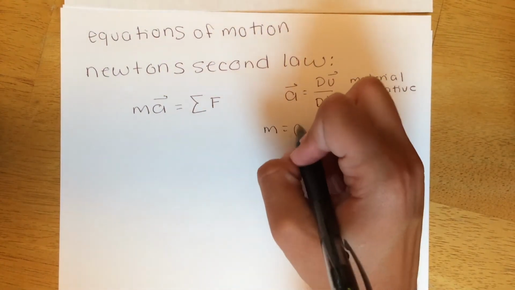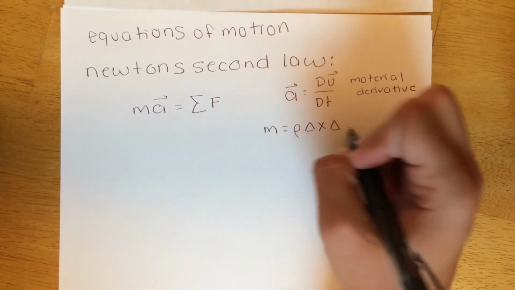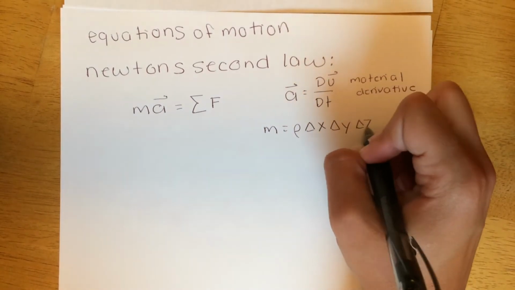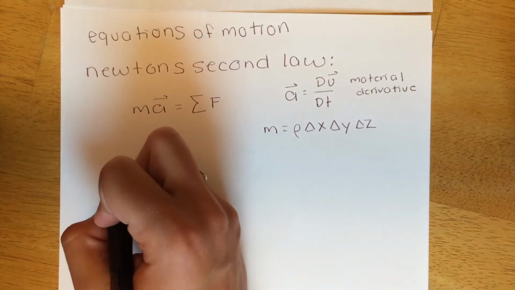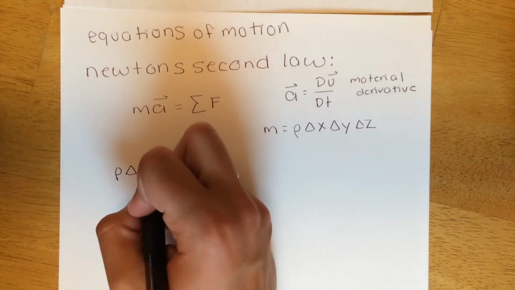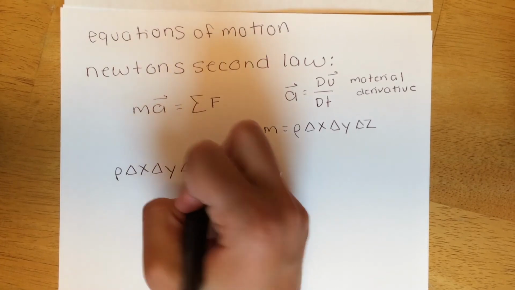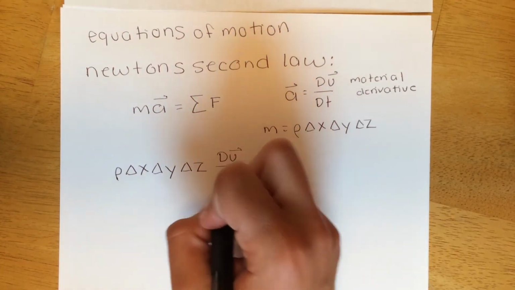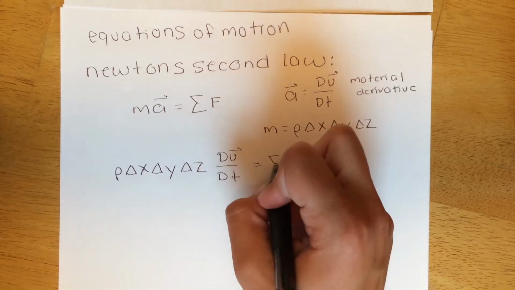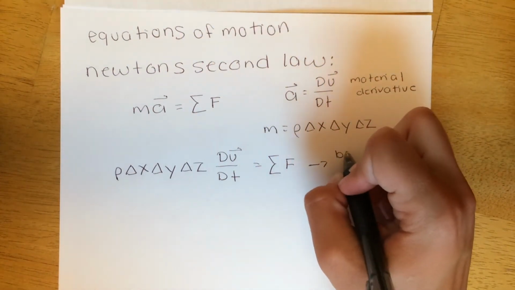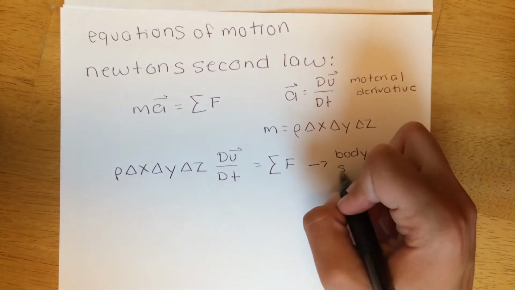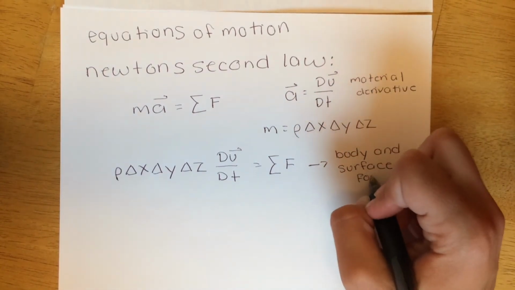Again, like before, mass is simply density times the volume, and we can substitute both the acceleration and the mass into Newton's second law of motion. The forces on the right-hand side are the summation of body and surface forces, which we will discuss later in this video.